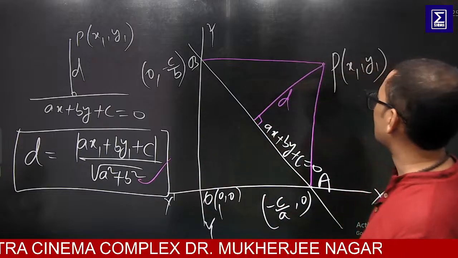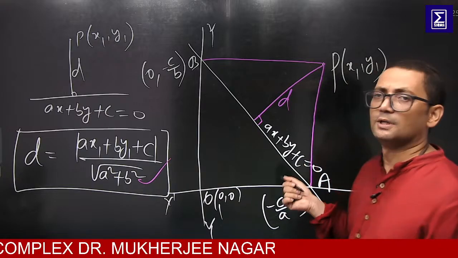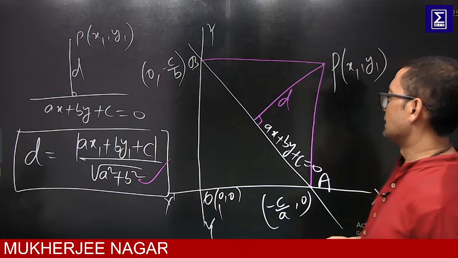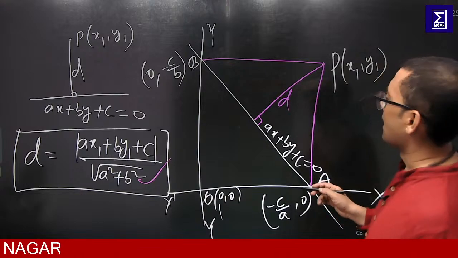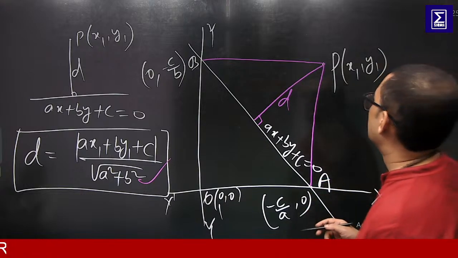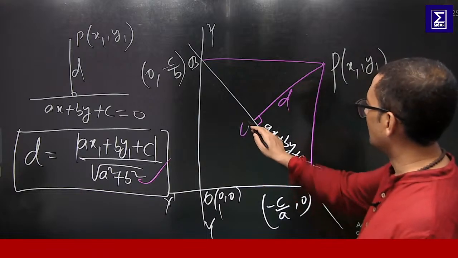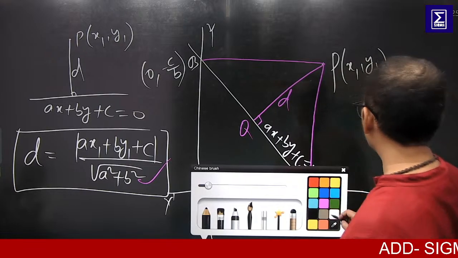So for this, what we can do, we can apply two formulas here. One is the area of the triangle that we already have proved, and the second one will be again the area of the triangle in terms of half times base into height. So let this point be Q. So what would be the area of this triangle?